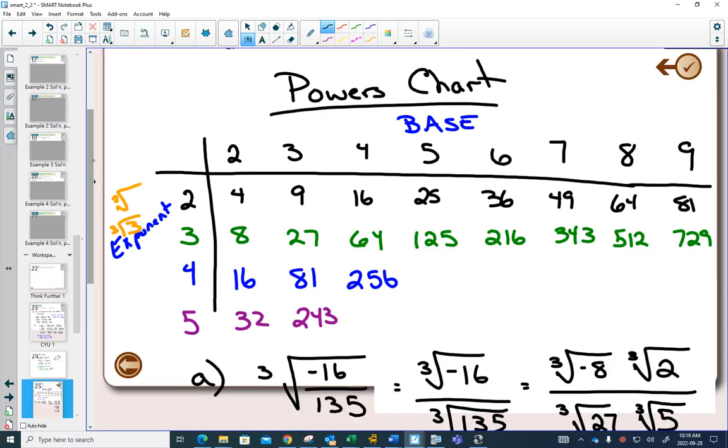For cubes, because the numbers get big, as far as mental math goes, this is probably all you'll have to check. Mental math-wise, there's not that many because otherwise the numbers get big very quickly.